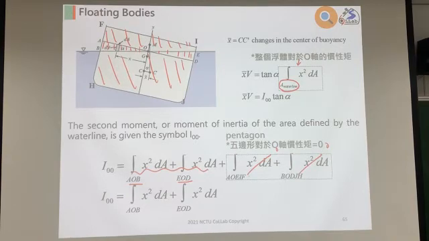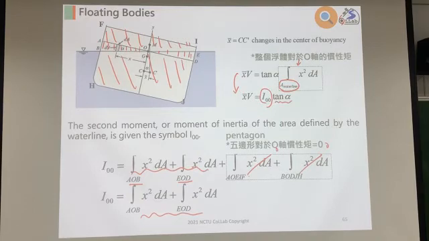So you only have the first two terms. But the first two terms are equal to the term of the total second moment here. Okay, so in that way we just replace this part by I, the total second moment, when we consider the area along the water lines.